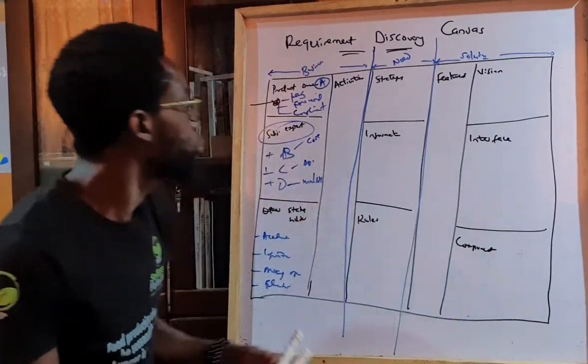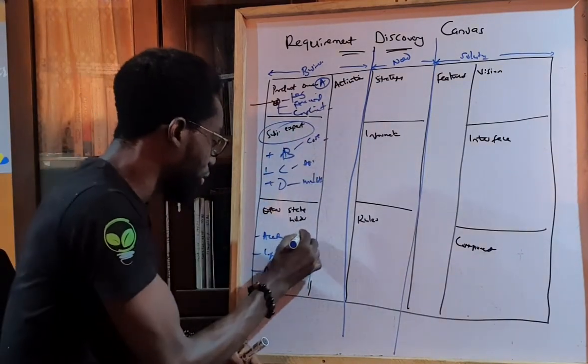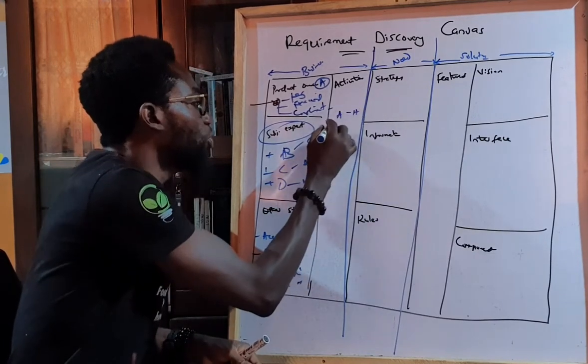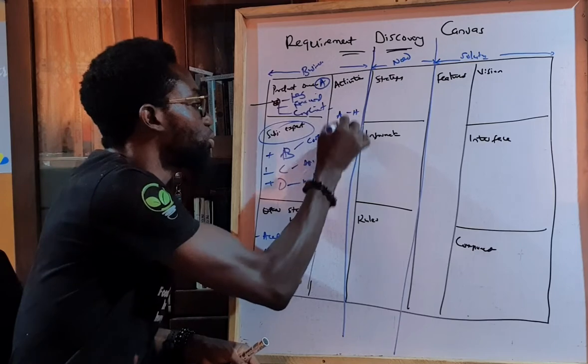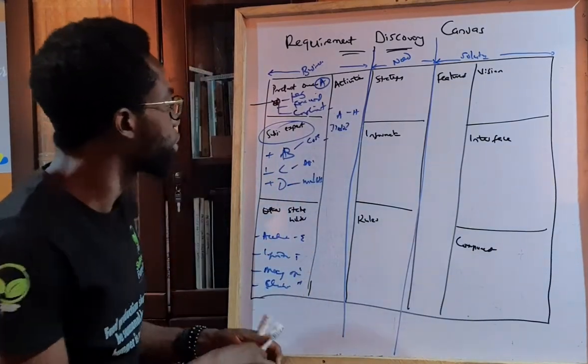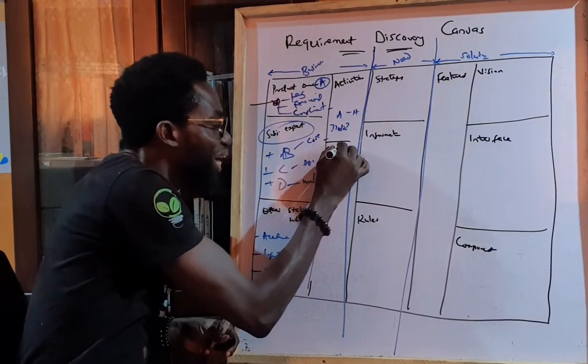Next we need to define their activities. What do they do? So for everybody in this list, from A to H, what do they do? What is their responsibility? Number one. Number two, because we are in the business segment, what is their capability?